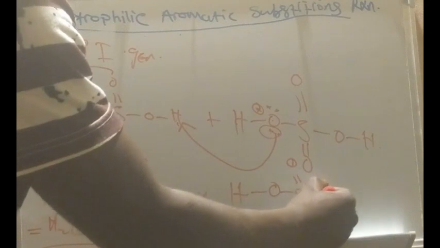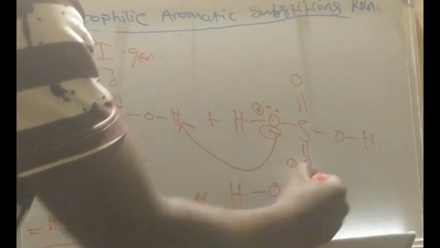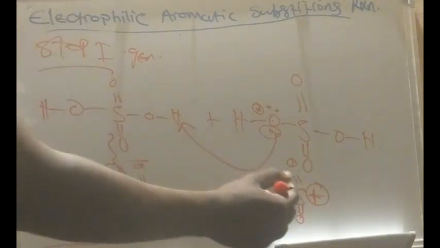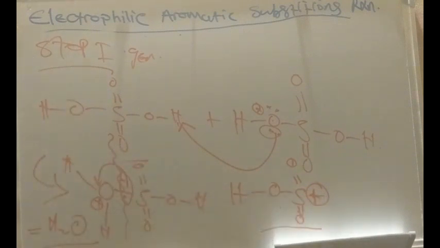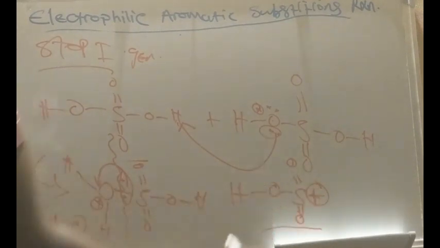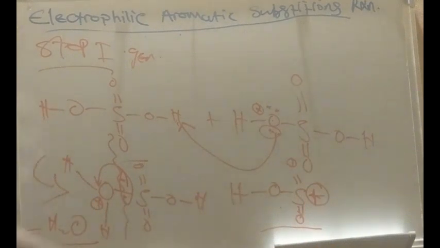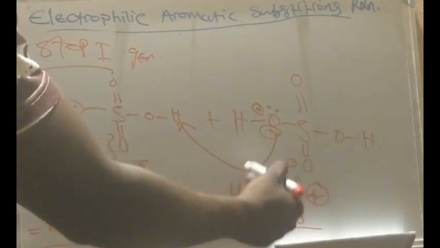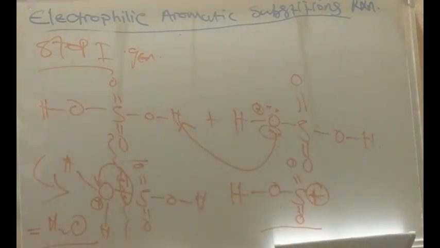So this is our electrophile that we've created, which is a positively charged SO3H species, and this molecule is what we're going to use in the second step.